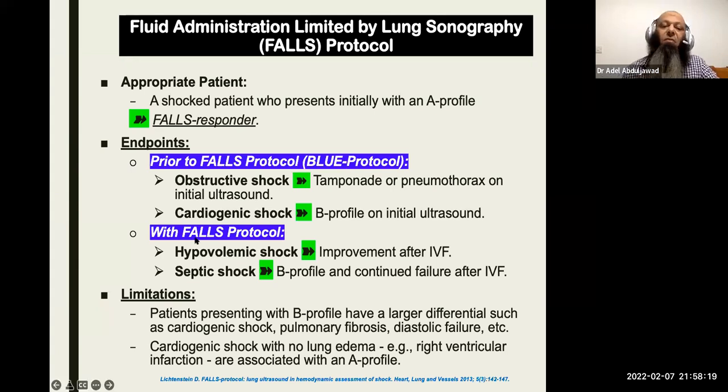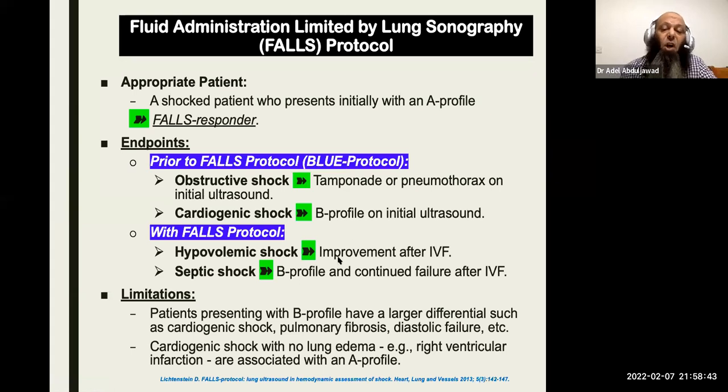then you now have to administer the fluids, and decide either to give or not to give, to continue or not to continue. For hypovolemic and septic patients, in hypovolemia usually the parameters improve after administering intravenous fluids.